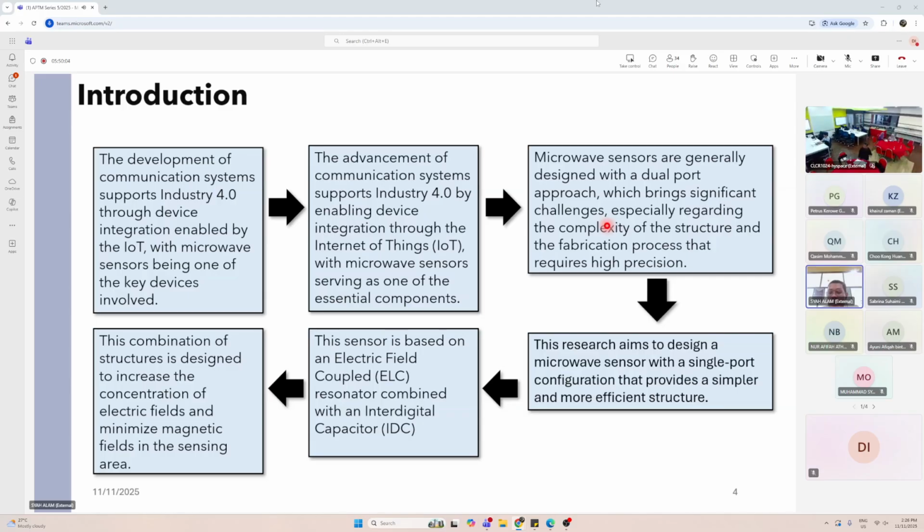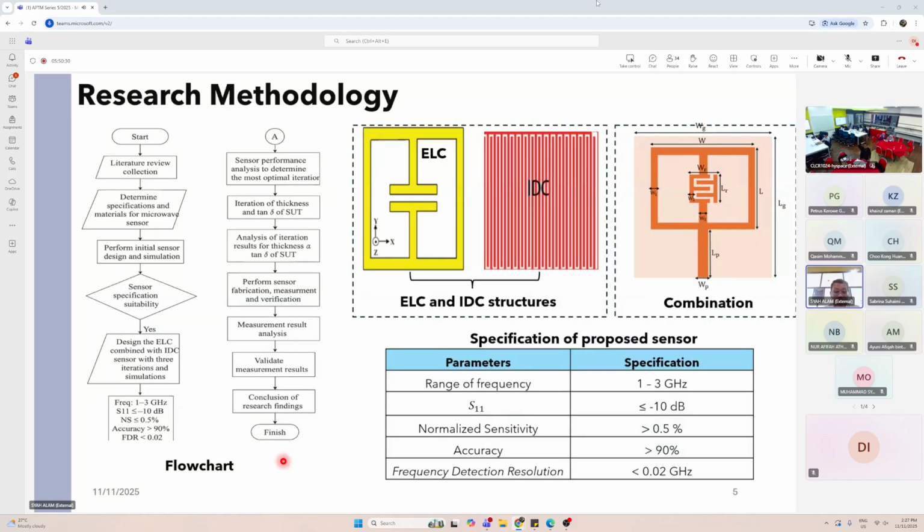This research aimed to design the microwave sensor with a single port configuration that provides a simpler and more efficient structure. The sensor is based on electric field coupling, and we combine it with the interdigital capacitor to enhance the electric field concentration. This combination is designed to increase the concentration of electric field and minimize magnetic field in the sensing area.